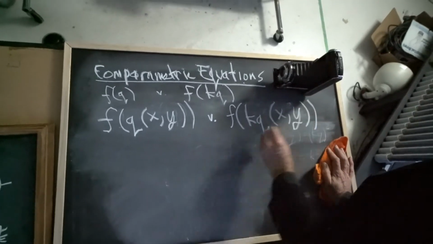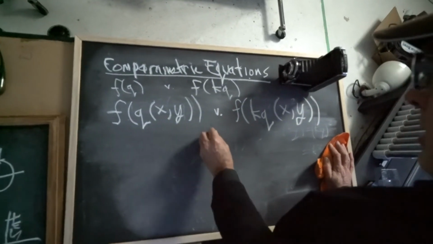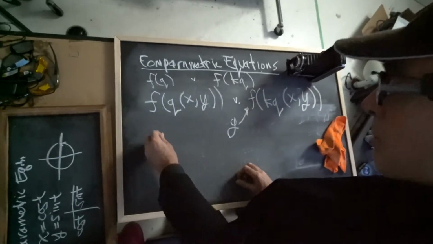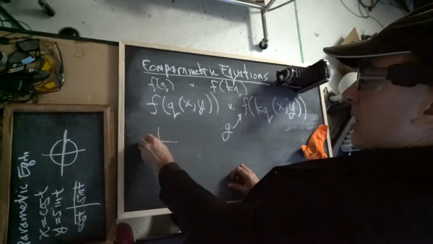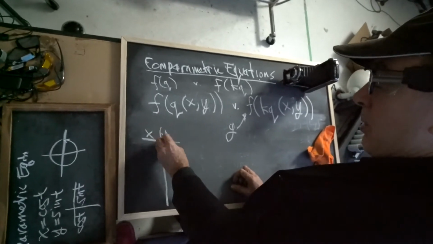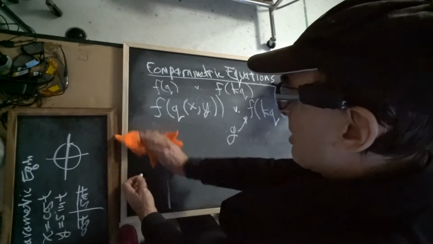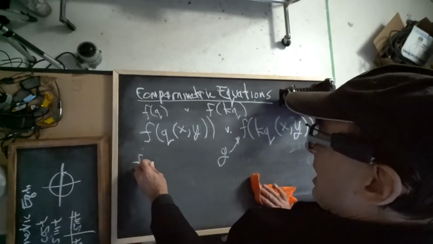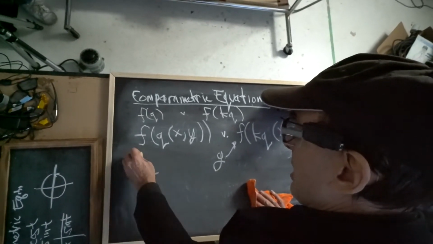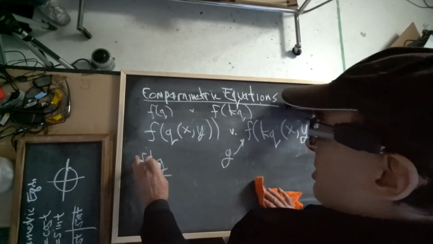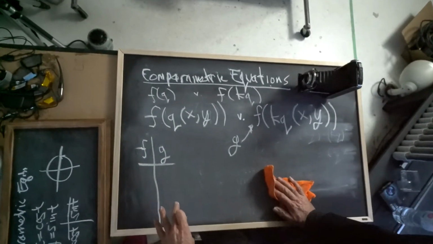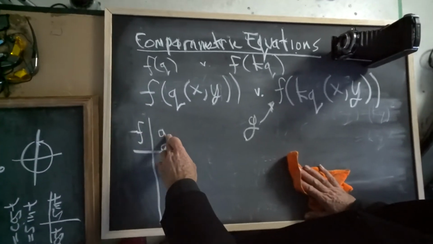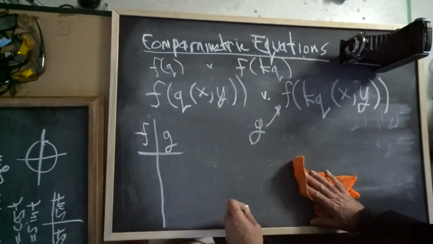We'll call this G. Just like when we're plotting something, we'll have XY pairs. When we do normal, traditional plotting, these are functions now. This is functional equations. So we have F, and then the next letter of the alphabet is G. A comparametric relationship is this relationship between F and G, which is F of kq, that doesn't involve q.